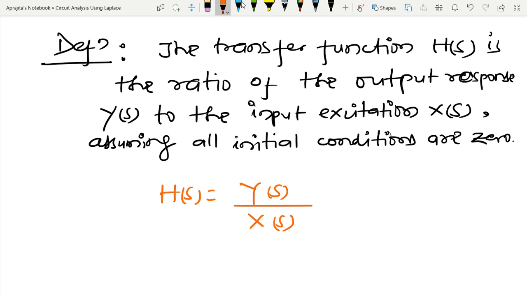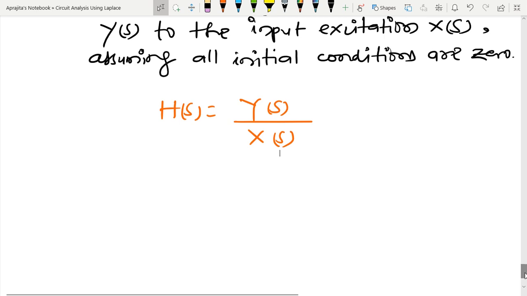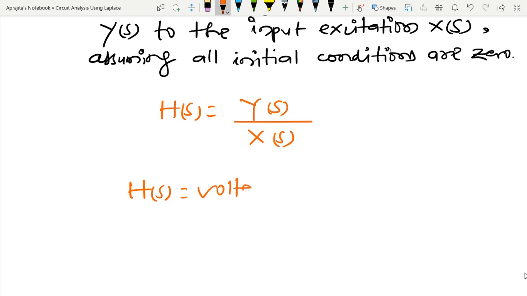And depending on the signal, I can interpret the transfer function for an electrical circuit in different ways. Sometimes, if I am talking in terms of voltage, H(s) at that time is nothing but voltage gain, that is the output voltage by the input voltage.